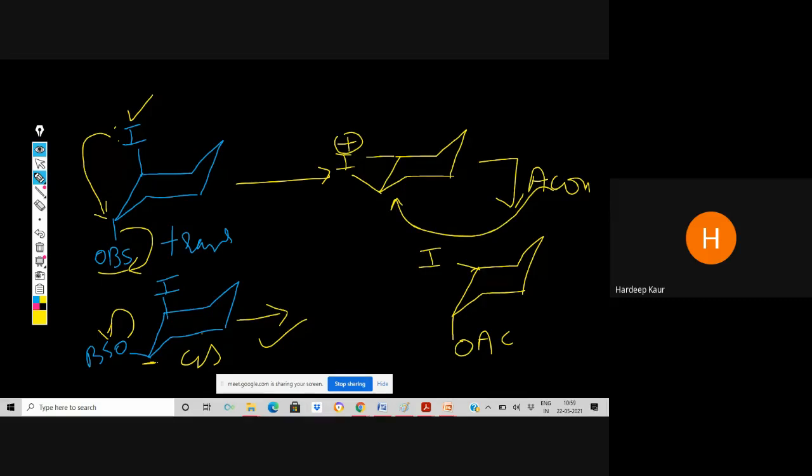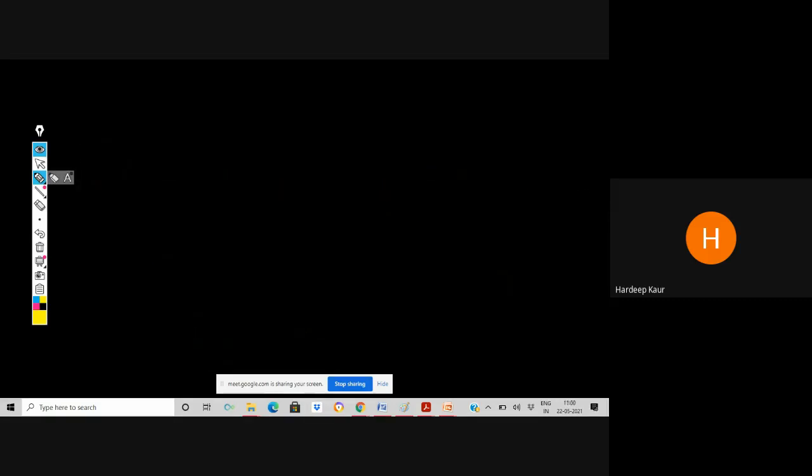Ok, so this is the example of neighboring group participation. Next is the oxidation. So some of the oxidation reactions are also dependent upon the nature of conformer present, ਉਹਦੇ ਤੇ ਹੀ reactivity ਹੈ ਜਿਹੜੀ it depends. So let us take the example.